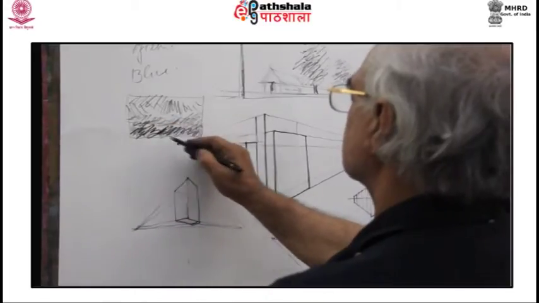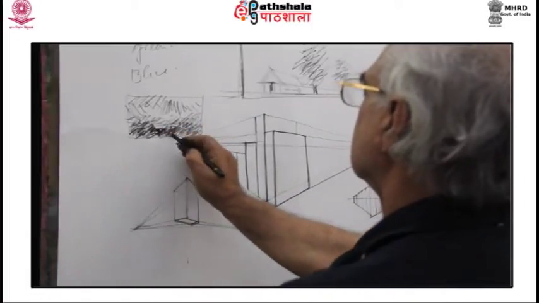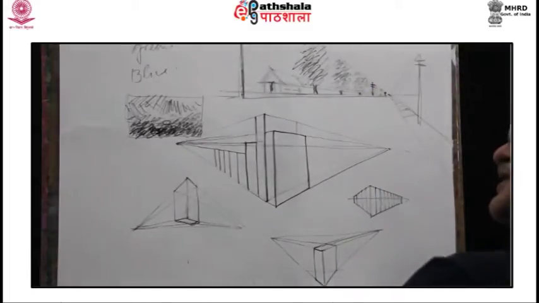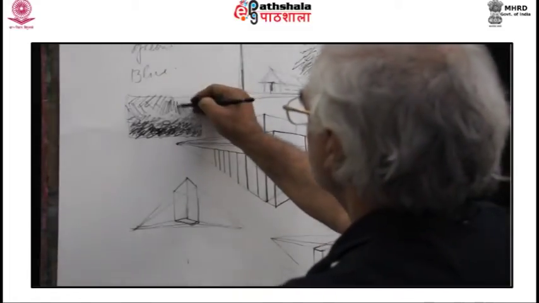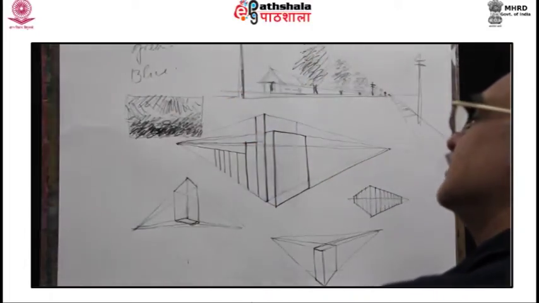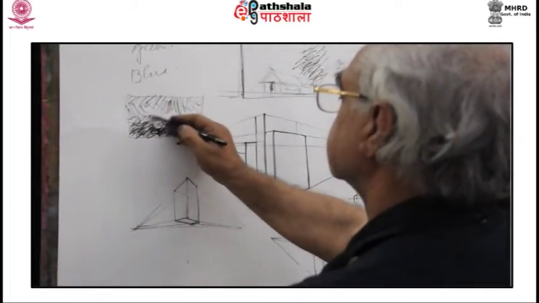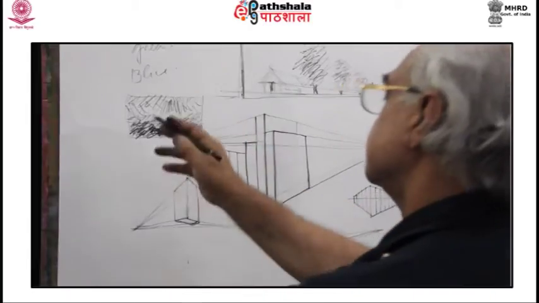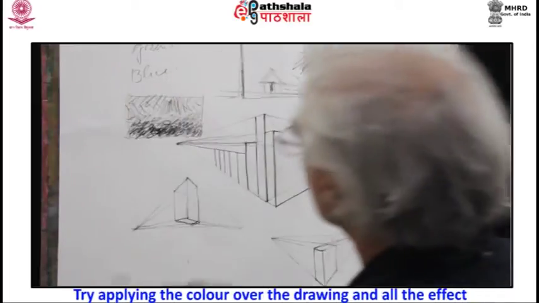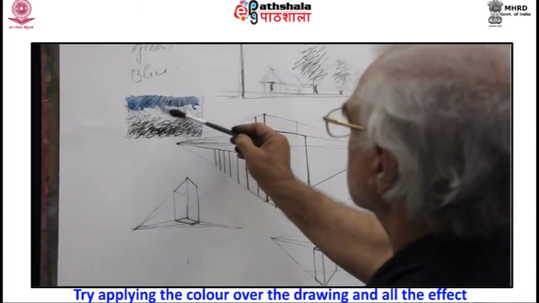Red, yellow, orange, all warm colors are in front, and the distant colors are cool ones. Especially blue looks more distant and cool after mixing with crimson and creating a mauve tone. Try applying the color over the drawing and see the effect.